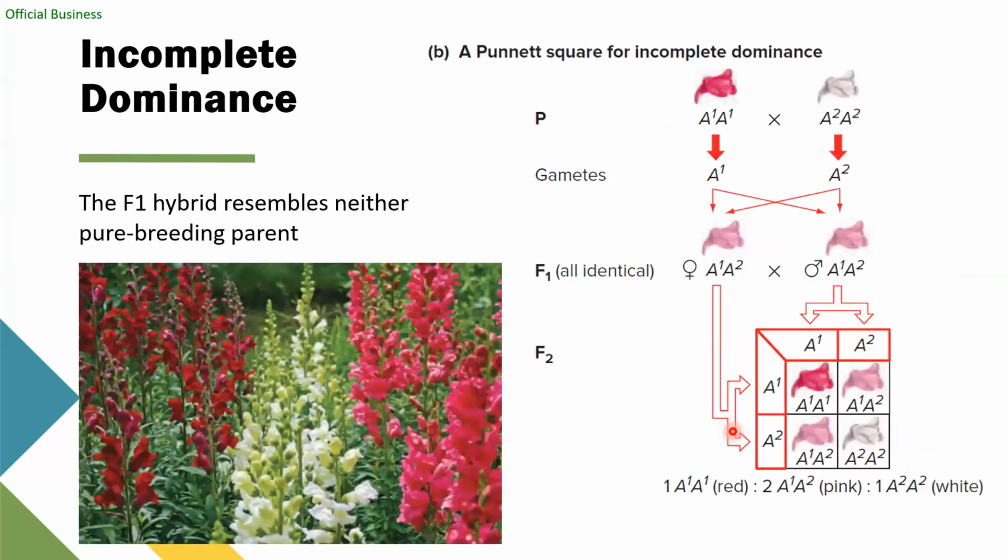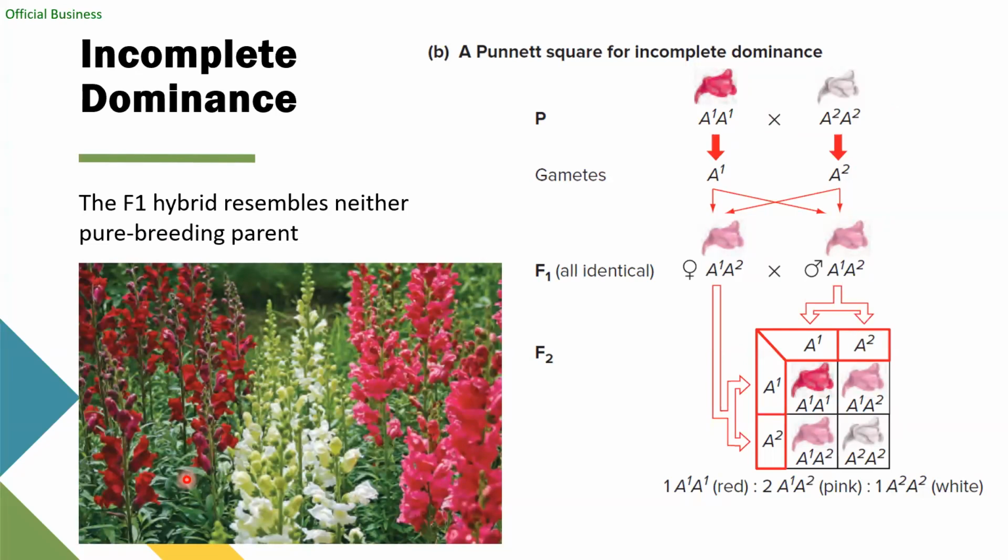Another example for these types of dominance relationships. For incomplete dominance, the direct definition is that the F1 hybrid of two parents homozygous for these traits resembles neither of the pure-breeding parents. For example, a red flower and a white flower provide you with a pink-colored offspring.